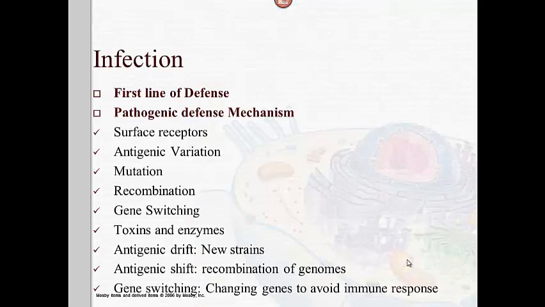Now, the infection could be spread as well through surface receptors. The pathogens choose different types of mechanisms to invade the host and also to evade the host, to prevent the host's adaptive immune system or second line of defense from taking over and killing them.